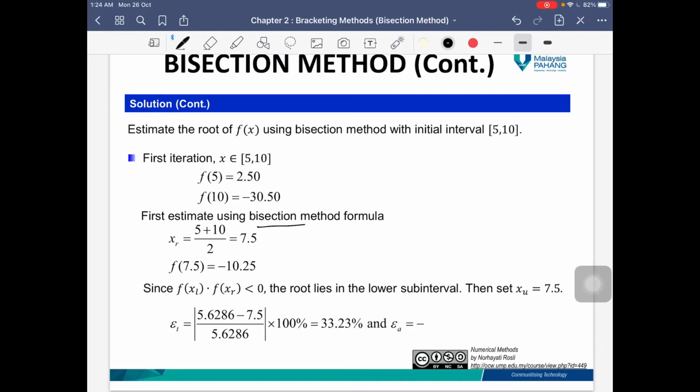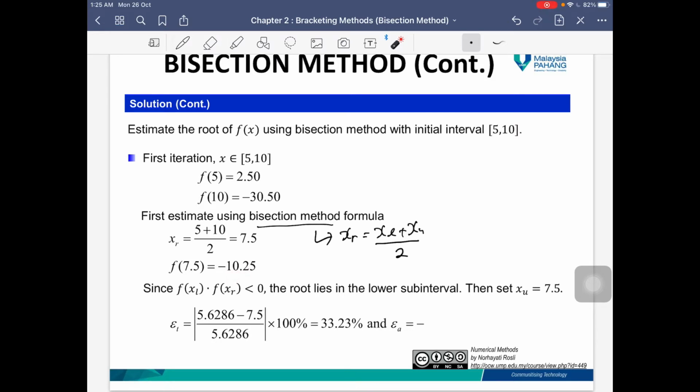Remember, the bisection method formula is given by x_r equal to x_l plus x_u divided by 2. So we estimate the first root, and we get x_r equal to 7.5. Then we calculate the function f(x_r), and we get negative 10.25.